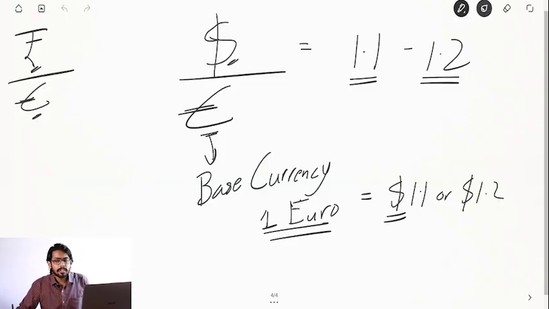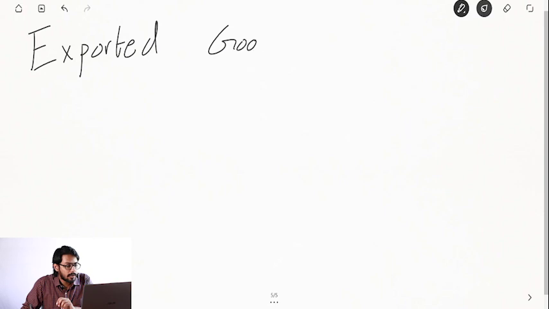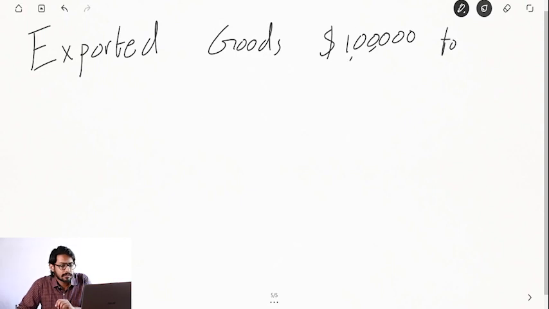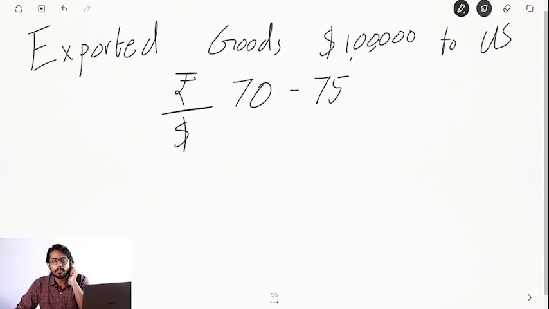You exported goods worth $1 lakh to the US. The exchange rate is rupee per dollar 70 and 75. Find your receipt in rupees.